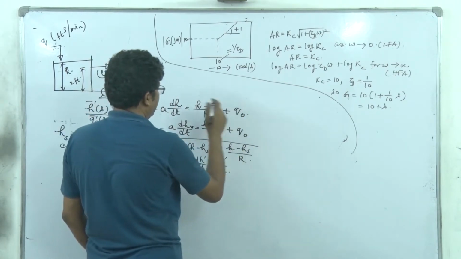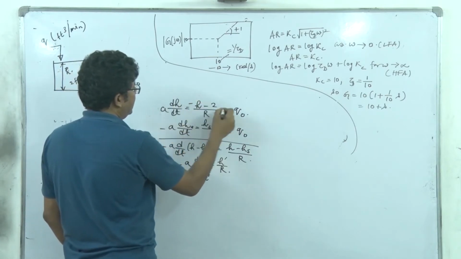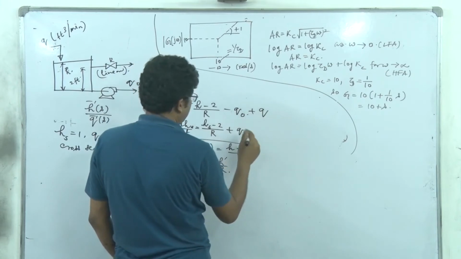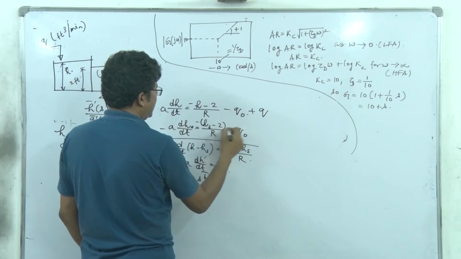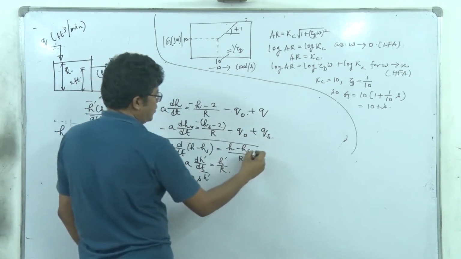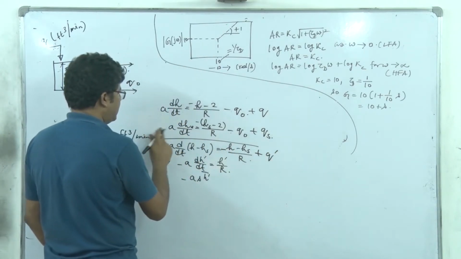Plus, we forgot that, there will be plus Q, this is minus, plus Qs steady state value. So plus Q prime.